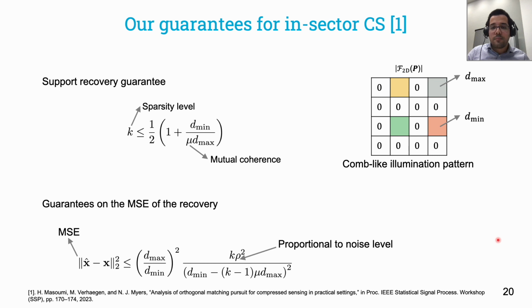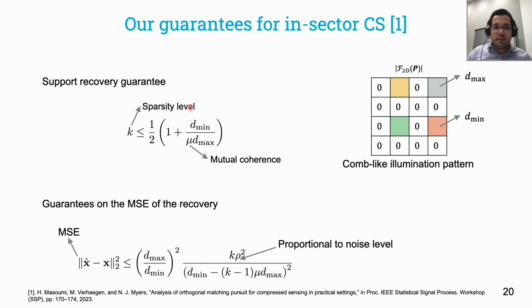Now, in reference 1 over here, we showed that for a noiseless setting, the sparsity level that can be successfully detected by the OMP, which is shown by K here, is upper bounded by this value over here.